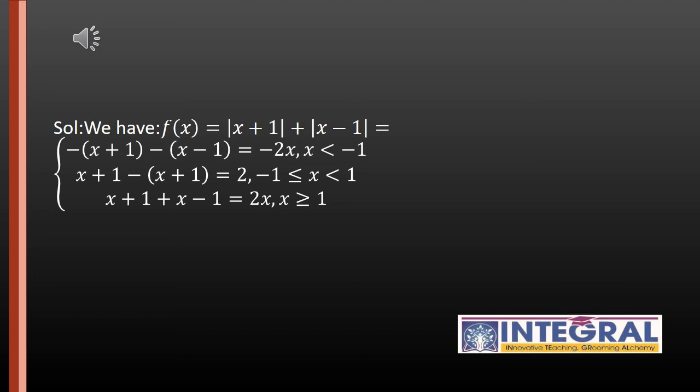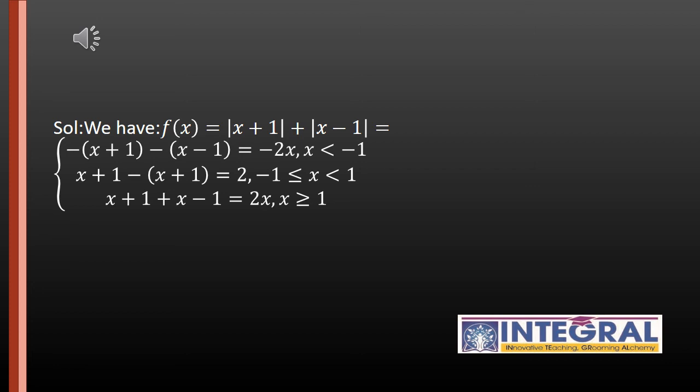When x lies between minus 1 and plus 1, here modulus of (x plus 1) will be positive and modulus of (x minus 1) will be negative. So we write minus of (x minus 1). Now, if x is greater than or equal to 1, both x plus 1 and x minus 1 will be positive.